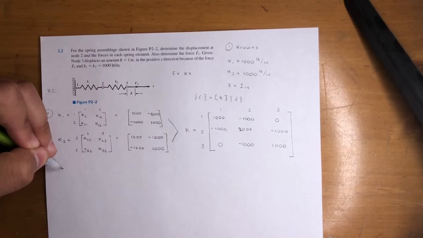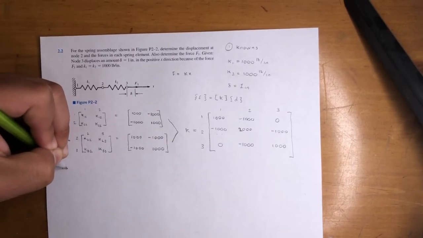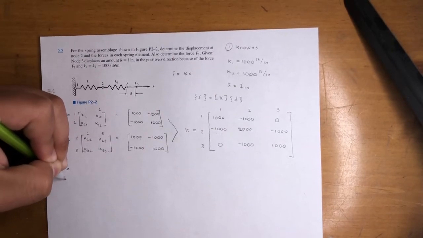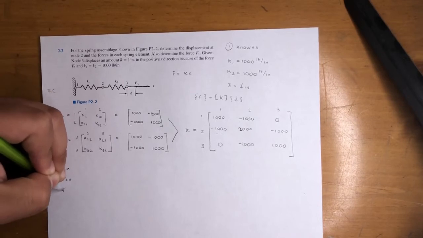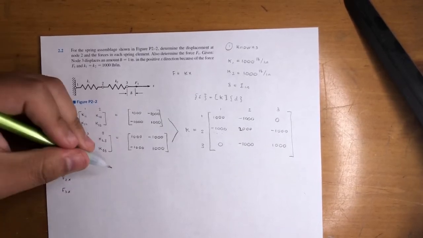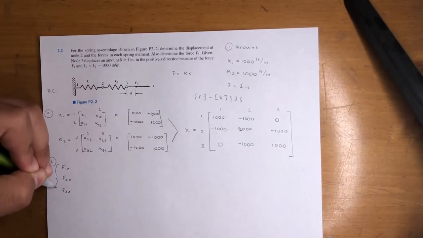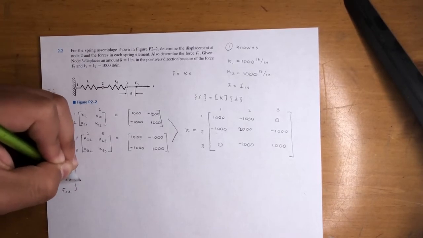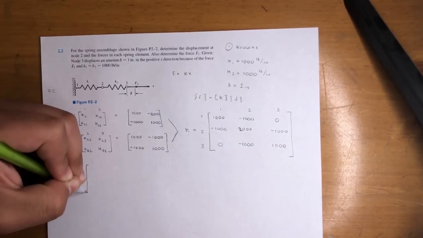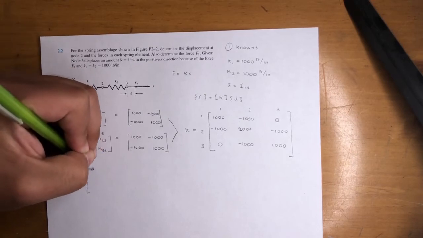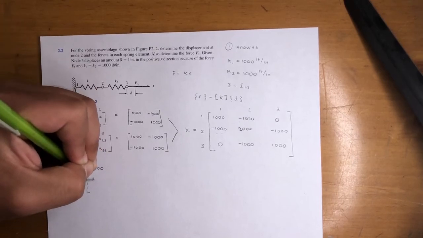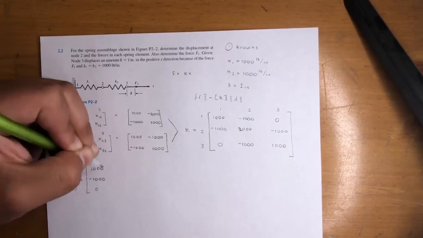So finally, you assemble this equation. So it's gonna be, there's a force 1x, force 2x, force 3x, okay? And that is equal to the global stiffness matrix that we just got. So it's 1,000, negative 1,000, 0.